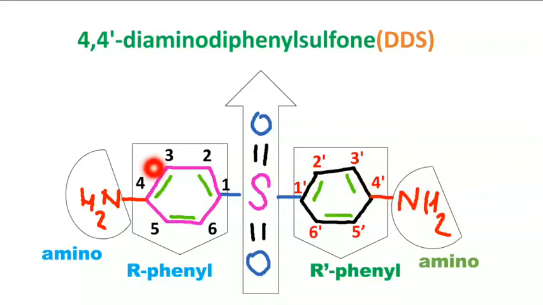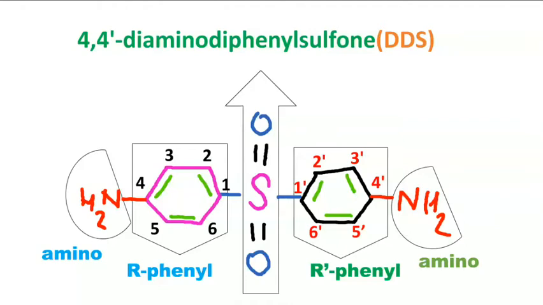So the name is, with two amino groups and two phenyl rings, diamino diphenyl sulfone.